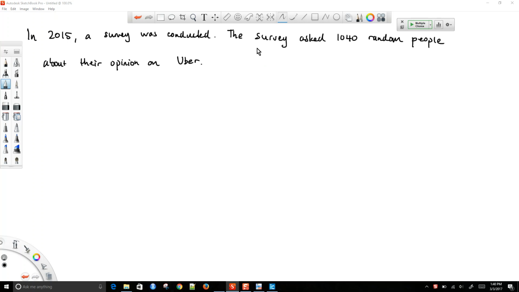I'm just completely making this up, so I don't know what people's opinions on Uber were in 2015. Okay, and we'll say, I don't know, 210 people had a positive impression of Uber. Or we'll say positive, have used it, I don't know, okay, whatever.